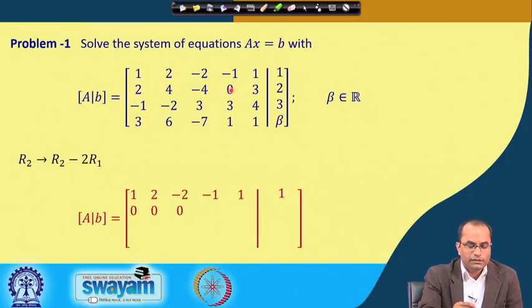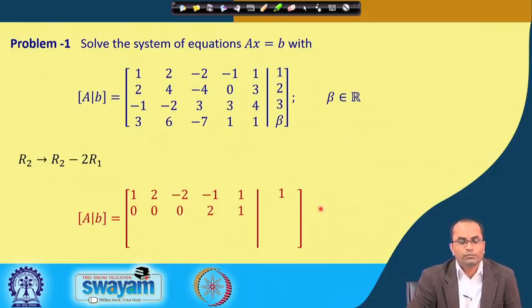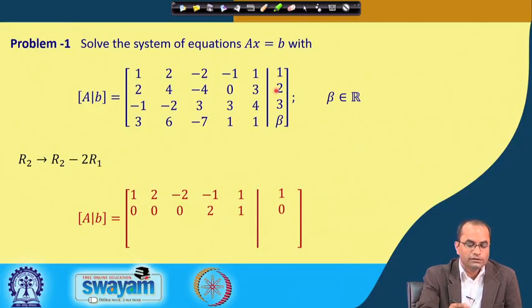Here this will become 2 now, and here 2 minus 2, this is 1, and 2 minus 2, that will be 0. So, this is the new row 2 with this operation, and we will continue this with the augmented column as well. So, here 2 minus 2, that is 0. So, this first row operation is completed.